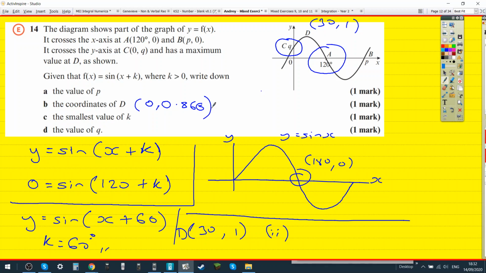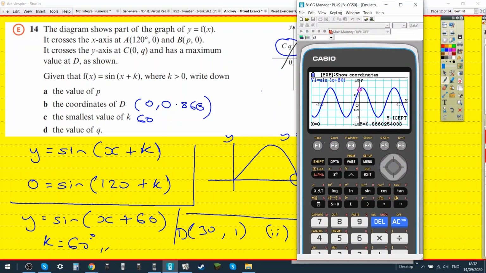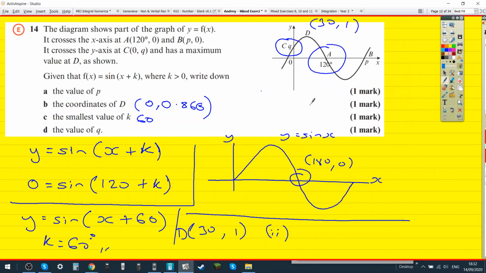I mean, k is 60, isn't it? Oh, hang on. The value of p is what we were asked for at the beginning. Did we find p? No. So I think P would just be the root. So I think that P is just 300 degrees.